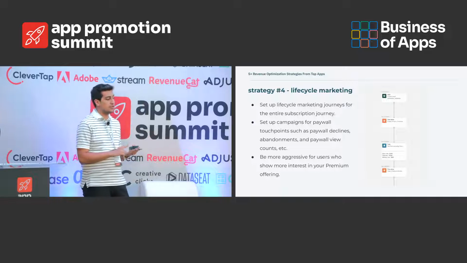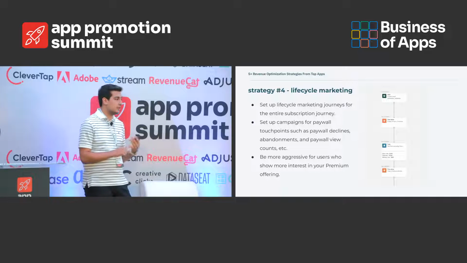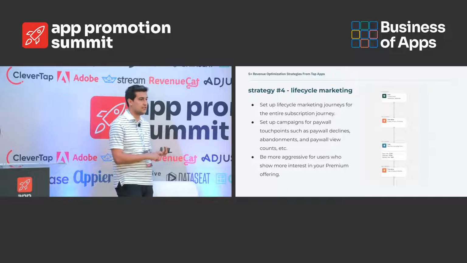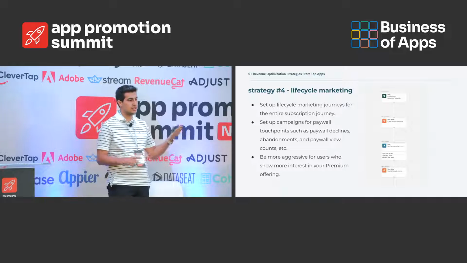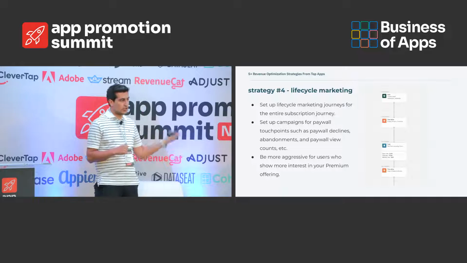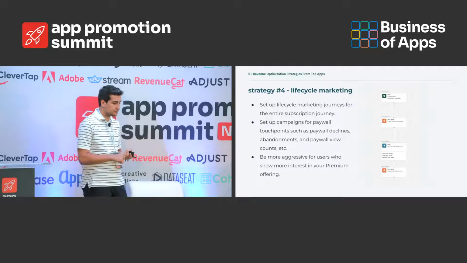It's very important to set up lifecycle marketing journeys for the entire subscription journey. It means for users who start a free trial, for users who start a subscription, for users who cancel, for users who see a paywall, et cetera. When you map all possible touch points, your lifecycle marketing strategy is going to be much more effective.